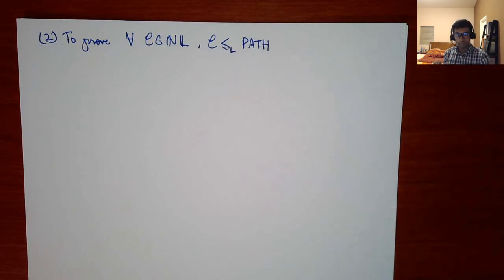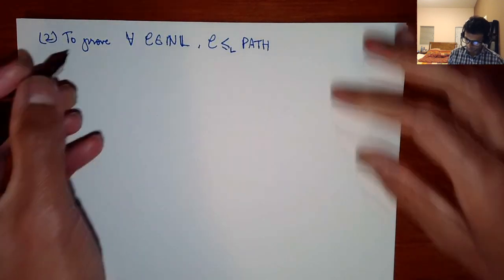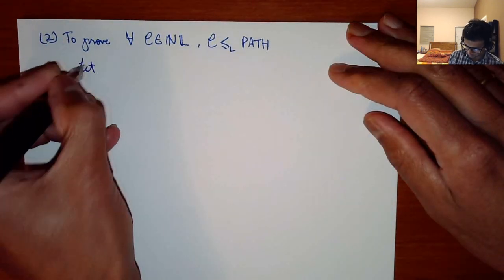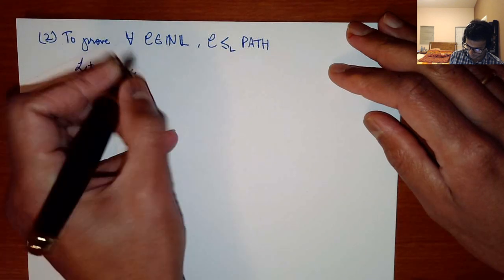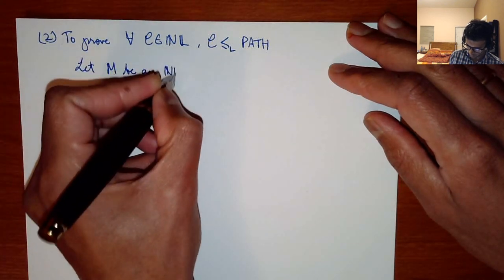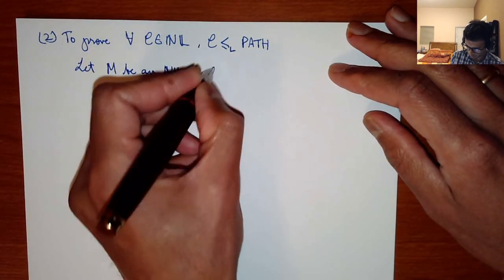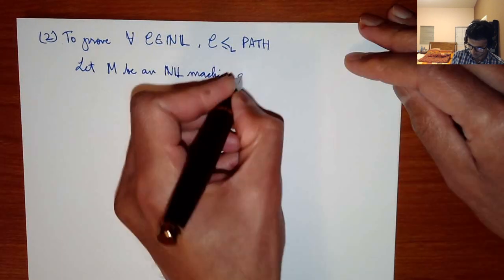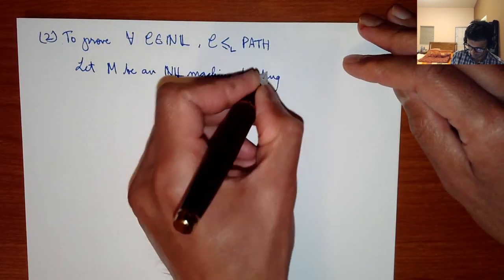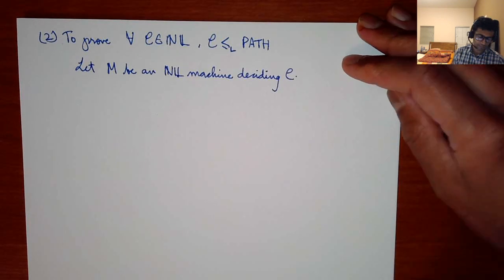So we have to reduce every language in NL to path. So let M be an NL machine deciding C.